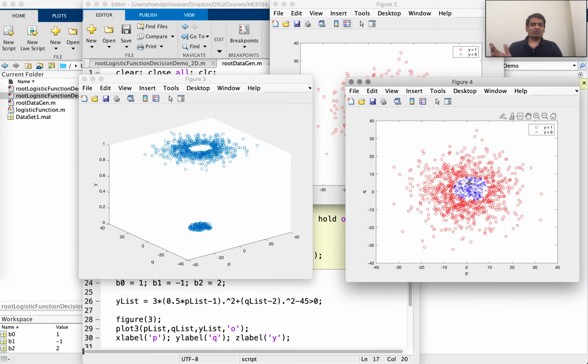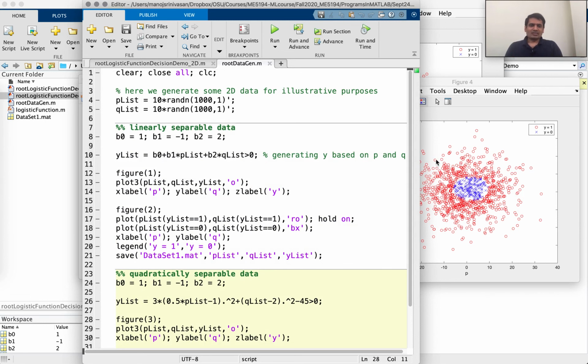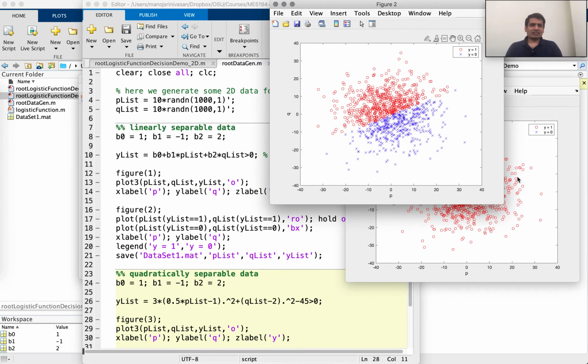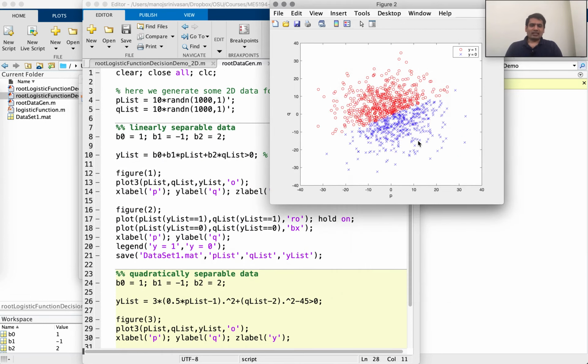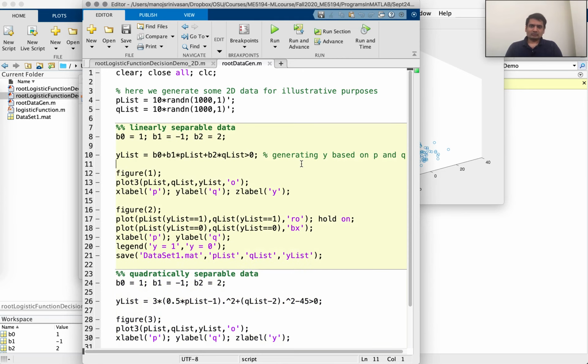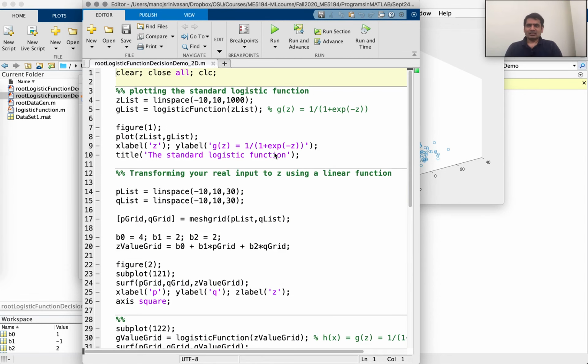It's separable by an ellipse, or in this case a quadratic expression, since an ellipse is basically a quadratic expression, while a plane or a line is a linear expression. I wanted to show data like this to motivate the next thing: we want to approximate or find conditions for separating data that looks like this.